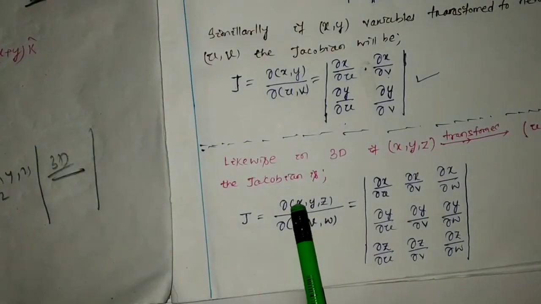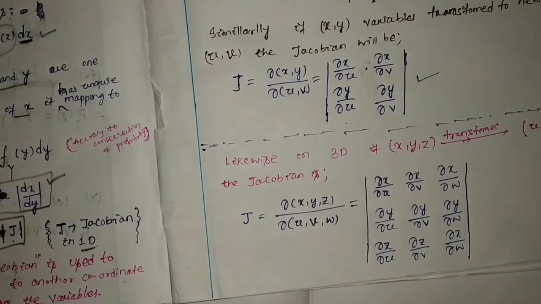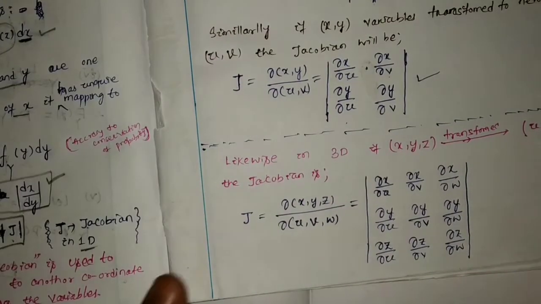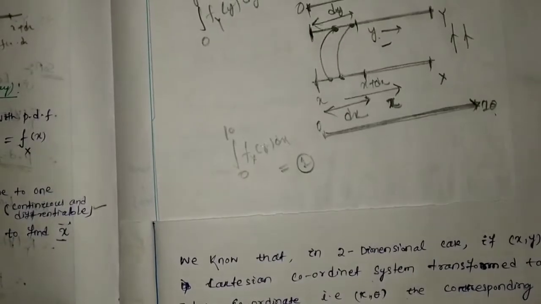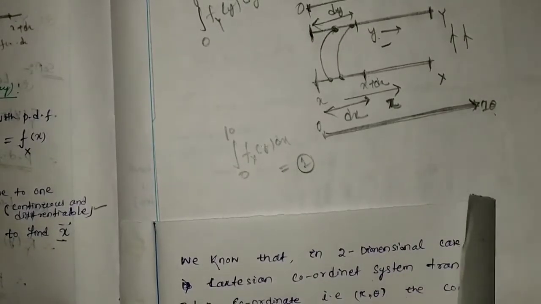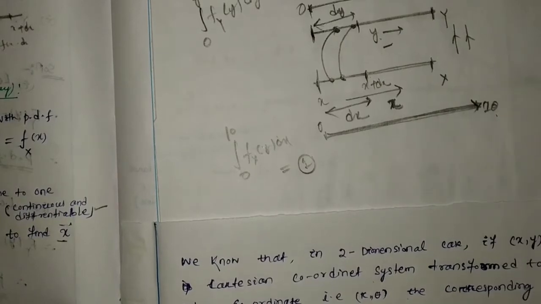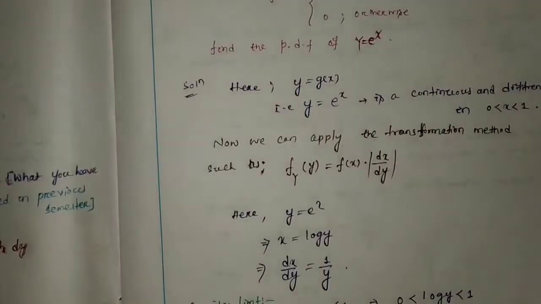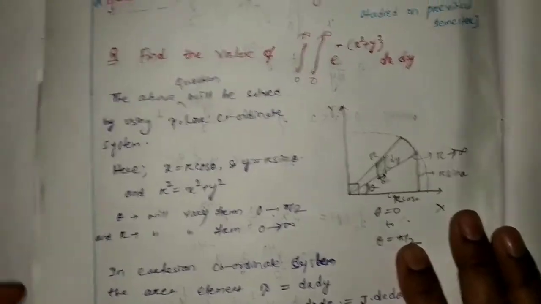Three-dimensional Jacobian means this one. Here xyz variables are transformed to uvw. That we are going to discuss in detail whenever we discuss the two-dimensional random variable transformation. So here we are going to solve that question with the help of Jacobian, right?